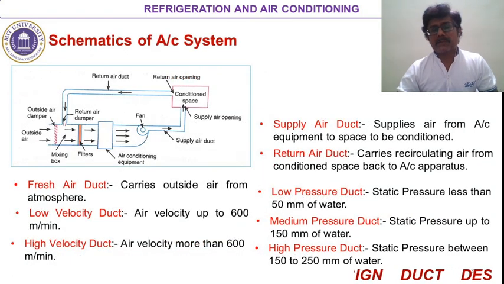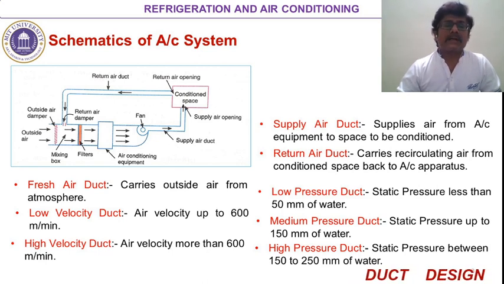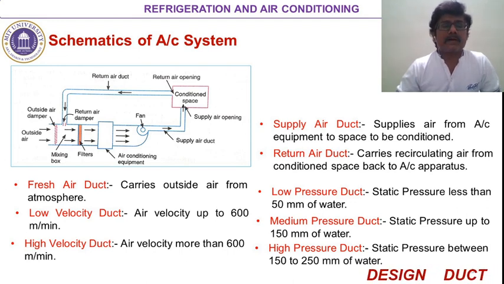Now, having looked at this particular arrangement, a block diagram has been shown here which shows the schematic of an air conditioning system. This block diagram typically shows the different types of ducts that we normally use in various applications. If the diagram is seen carefully, on the extreme left side we can see the outdoor air, the fresh air passing through that particular space.